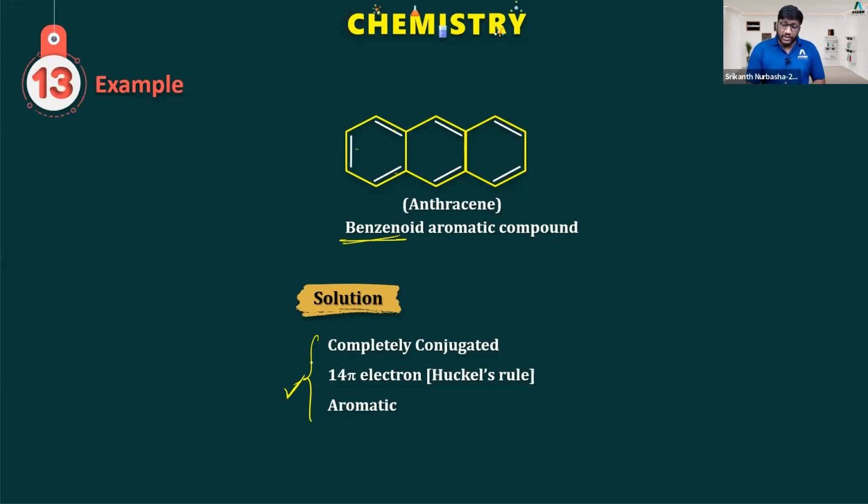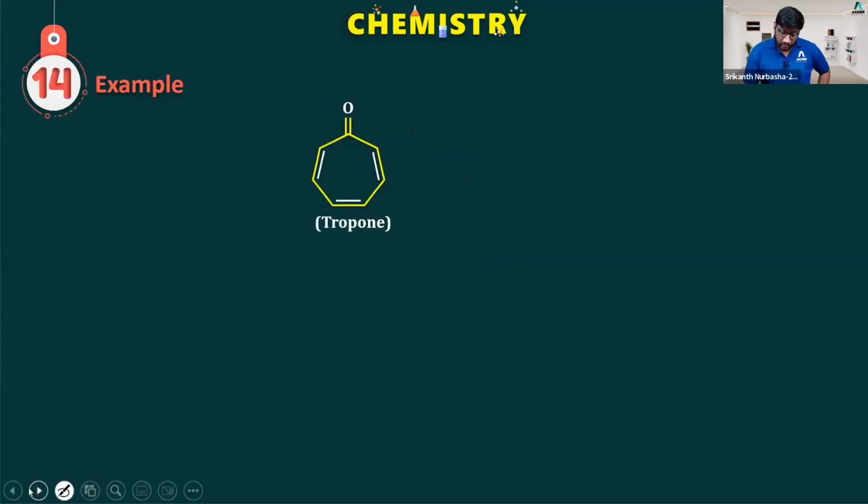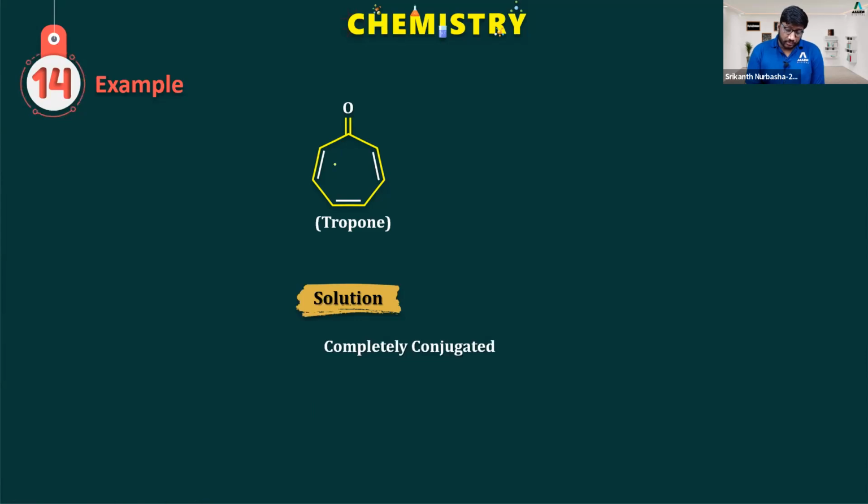Is that clear, students? Everything so far? Yes, sir. Try to answer this question. Tropone. Is complete conjugation there or not? This pi electron can move away, this can subsequently move into the next, and so on.